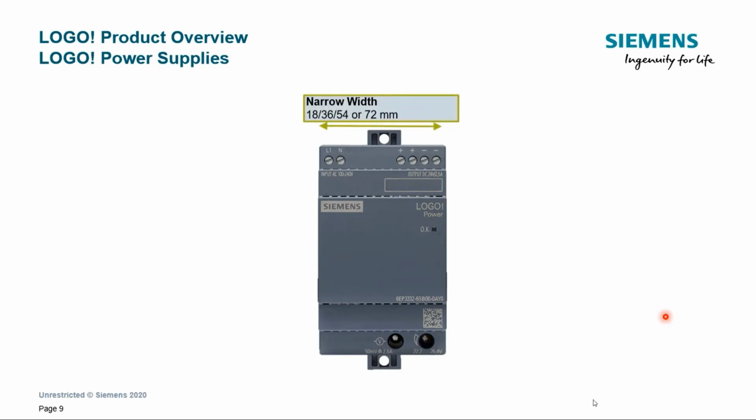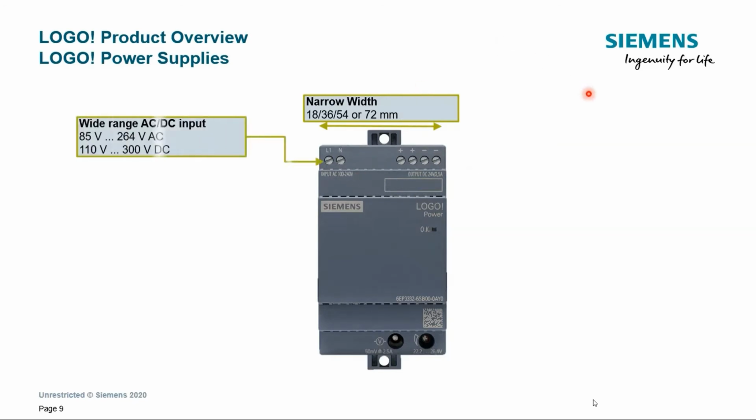So the power supplies for LOGO are usually distinctive by a narrow width design. So starting from 18 mm, so this is almost 2 centimeters, up to 72 mm for the bigger one in width, which is quite impressive.